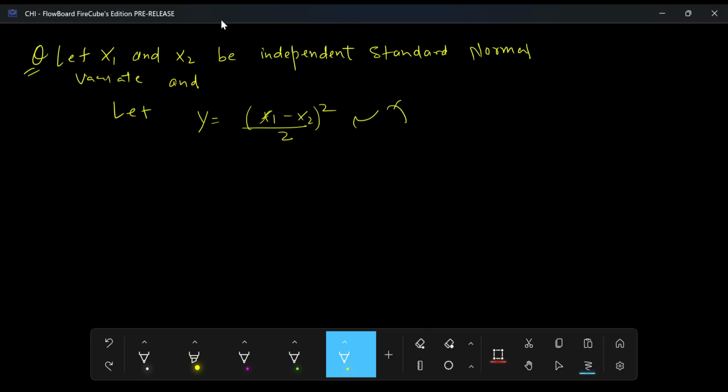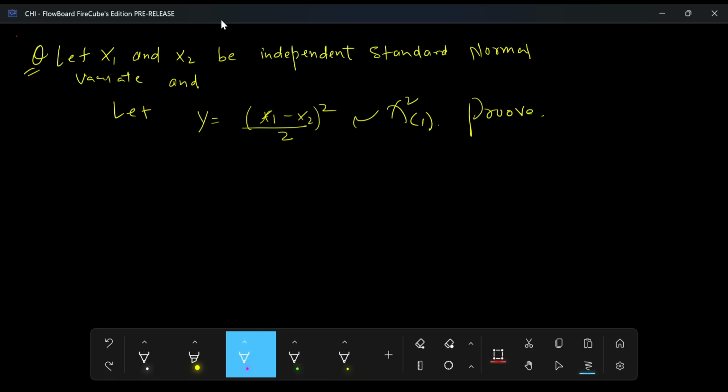Prove that y will follow chi-square 1. This question was asked in the ISS exam, plus the CUET PG exam, 2024 something, plus this question is from the FMS back exercise.